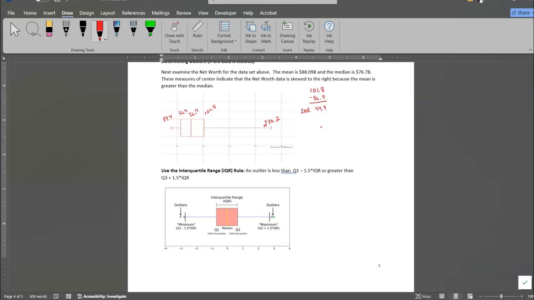And now we're going to take quartile 1, which is 56.9. So we want to know, an outlier will be if it's less than 56.9 minus 1.5 times 44.9. We do that calculation.